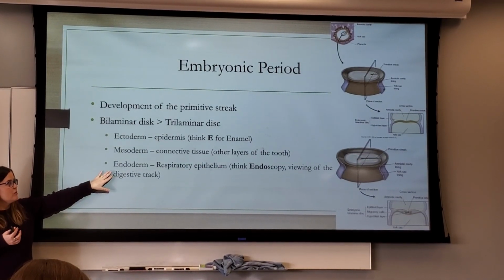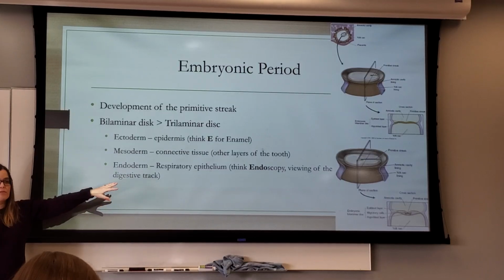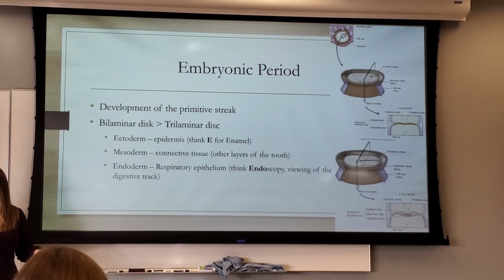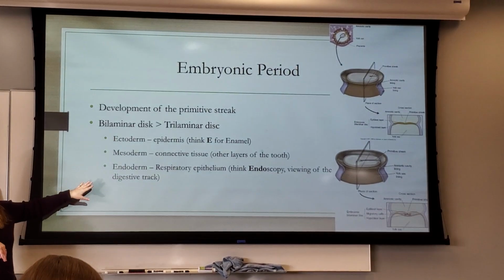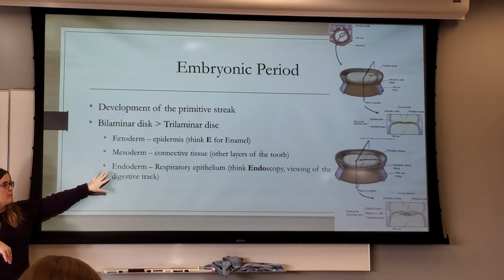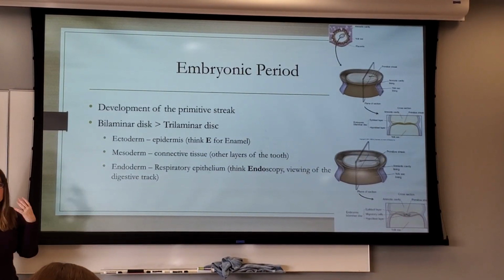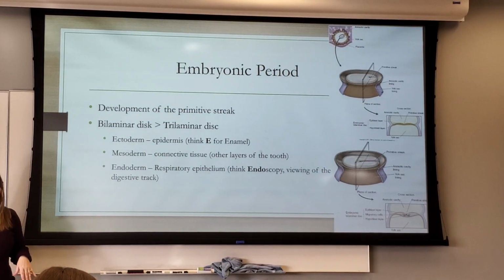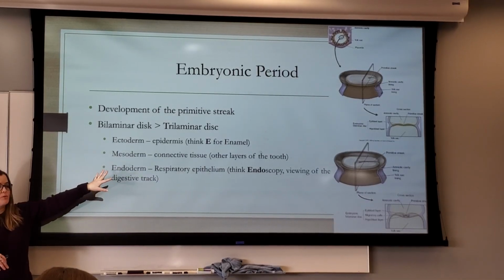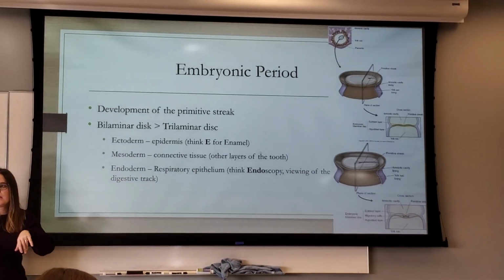And if you think endoderm, think endoscopy, when they go in and take a camera and look at the inside of your body. With endoscopy, you can remember endoderm being everything within our digestive tract or the inner part of our body. It also gives rise to respiratory epithelium because you're going close to that way.